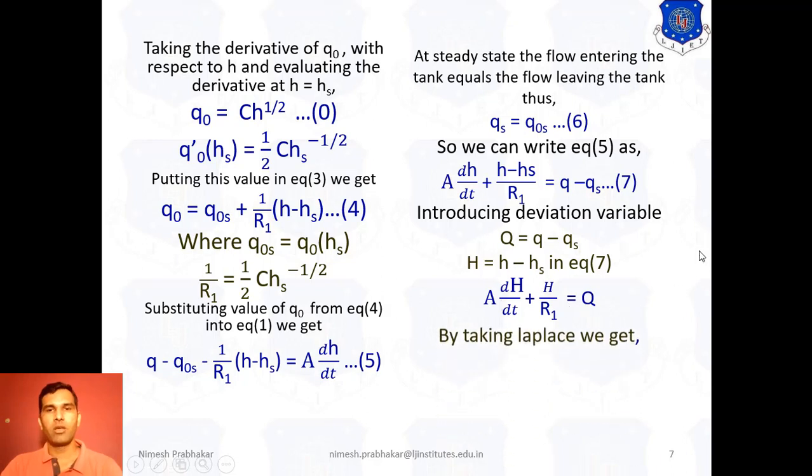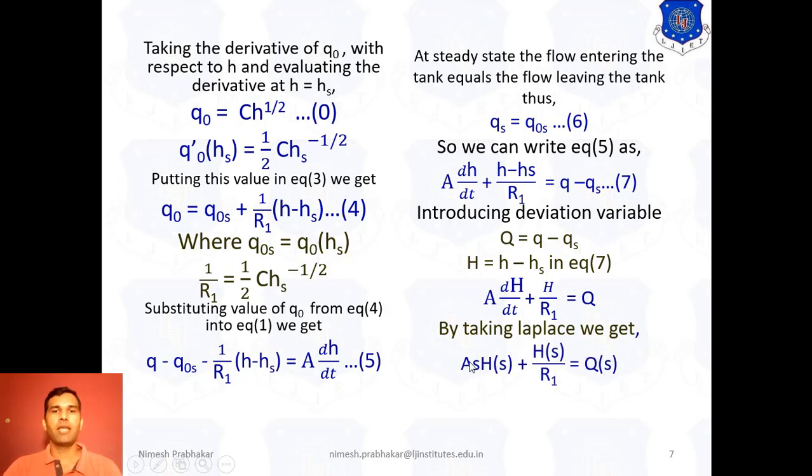Now by taking the Laplace transform of this equation, we can write A S H of S plus H of S upon R1 is equal to Q of S. So this is the Laplace transform of this equation.